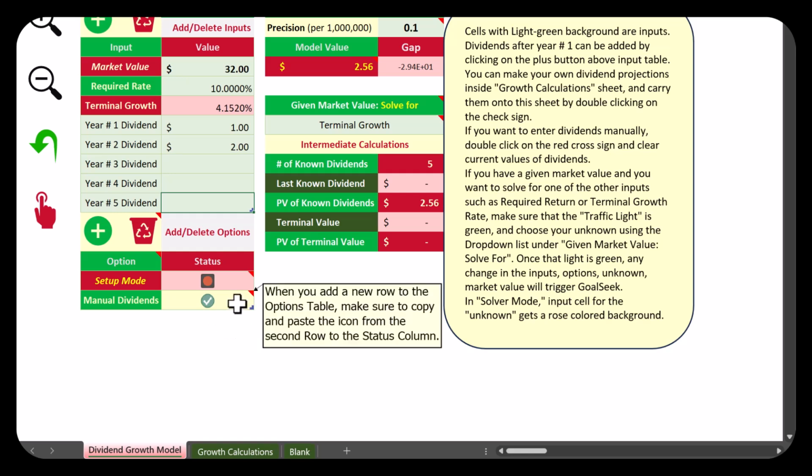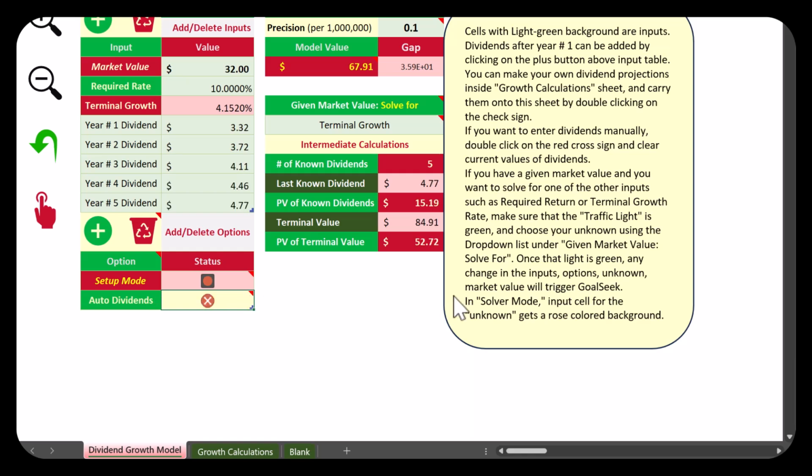If you double click on this cell, that green check is going to be a red cross, and the projected dividends you have in the growth calculation page are going to be copied here. Double click, we copy them all here.